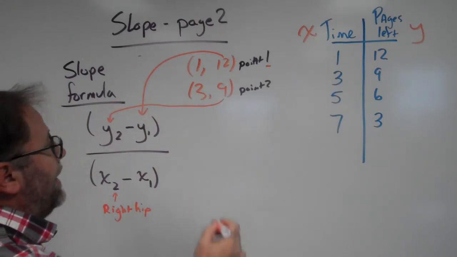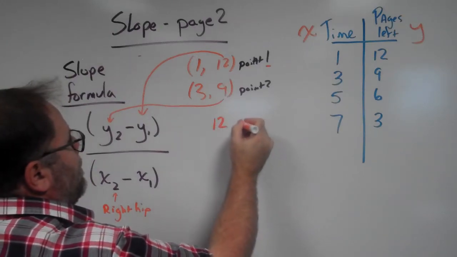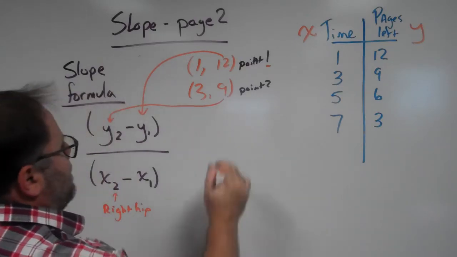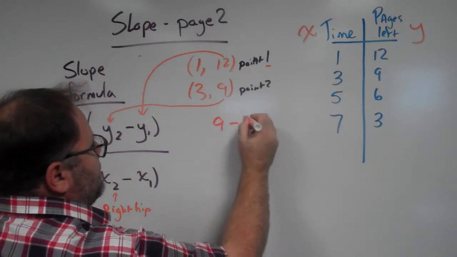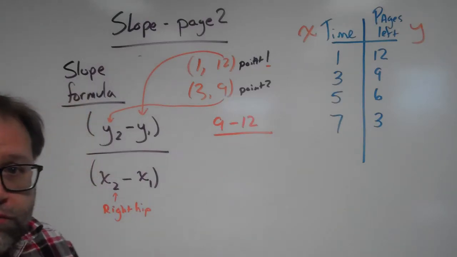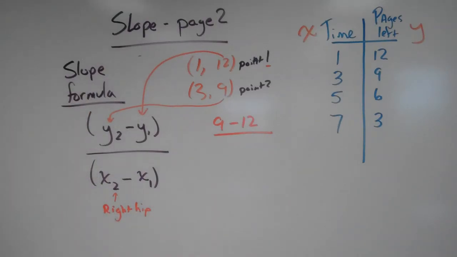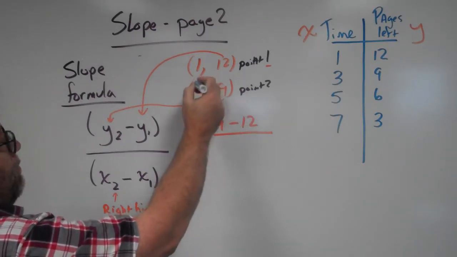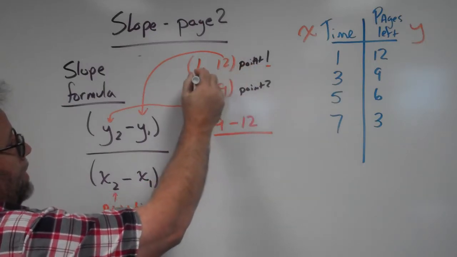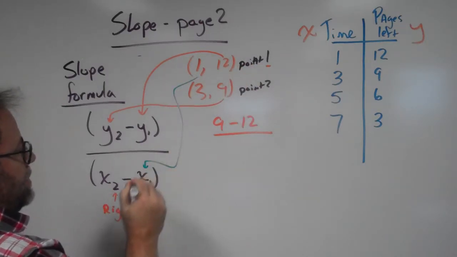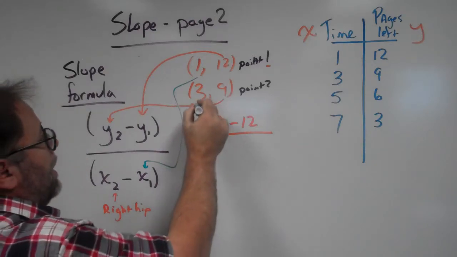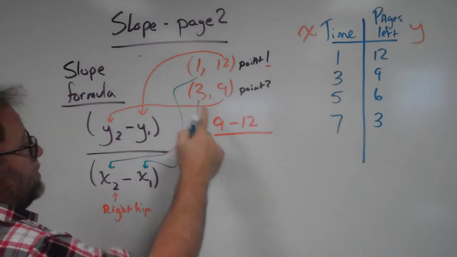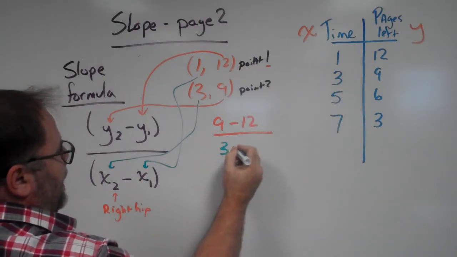So that's going to look like 9 minus 12. All right, and then let's use my light blue. My 1 is in point 1, so my 1 is going into x sub 1, and my 3 is going into x sub 2. So that means I've got 3 minus 1.